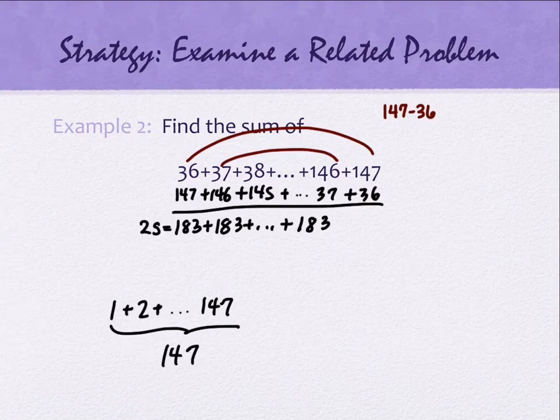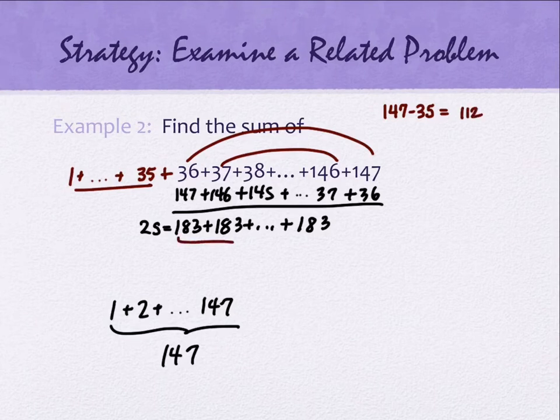I actually have only 35 missing. The first 35 are not on my list. Everything that would have come before is missing. It's the numbers from 1 up to 35. So there's actually only 35 numbers that are missing. So instead of subtracting 36, we can subtract 35 for the missing numbers. So what is 147 minus 35? 112. That's how many terms we have.